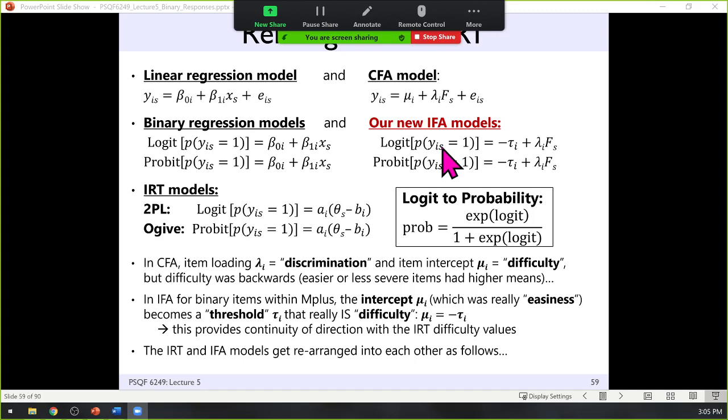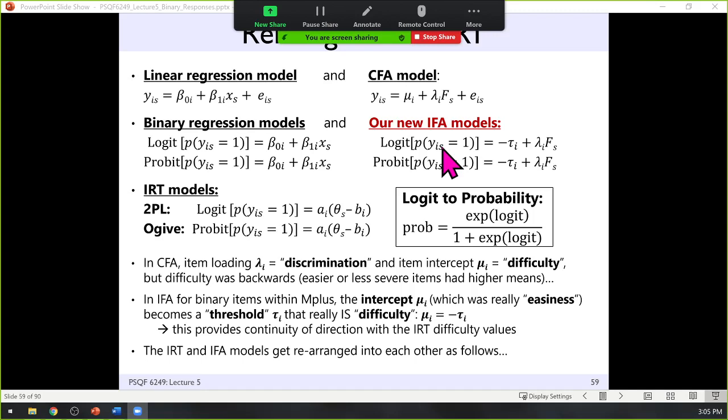So if I have the probability of a 1 corresponds, say, to a logit of 2.2, the probability of a 0 corresponds to a logit of negative 2.2. So when we estimate these models in Mplus, this is what it's going to give us. It's going to give us this stupid threshold thing and a factor loading.